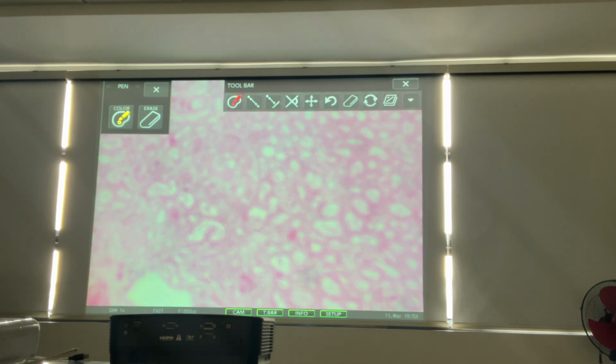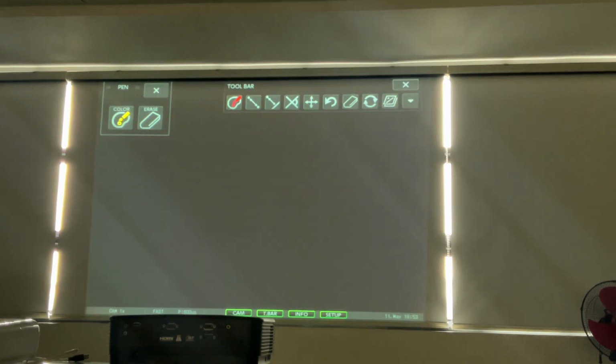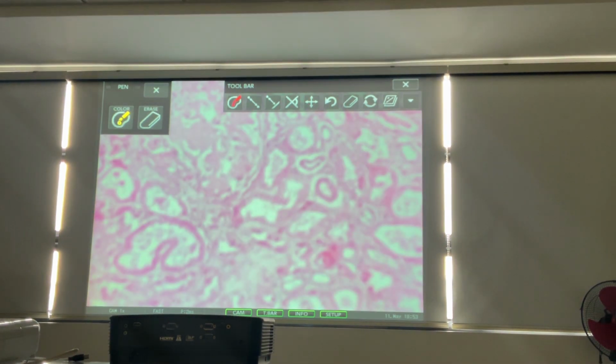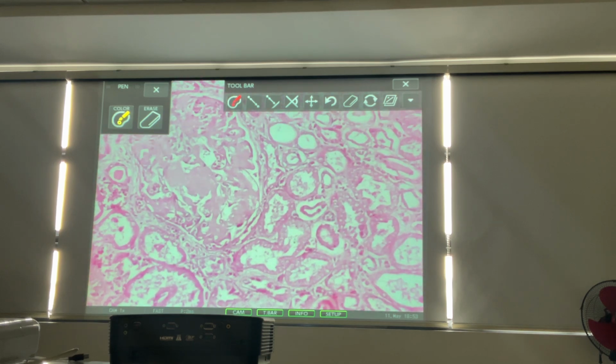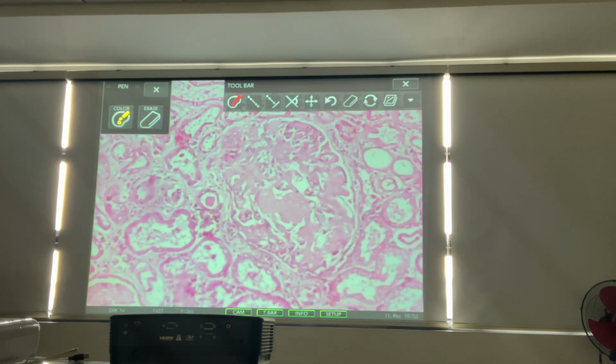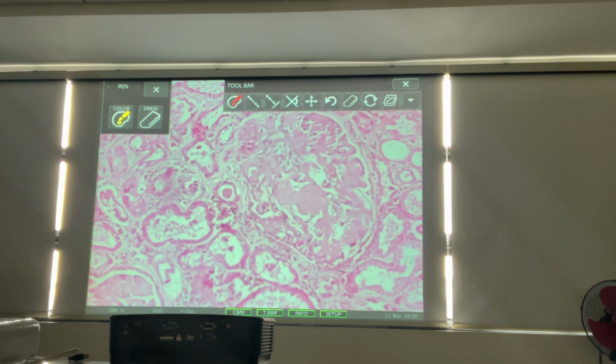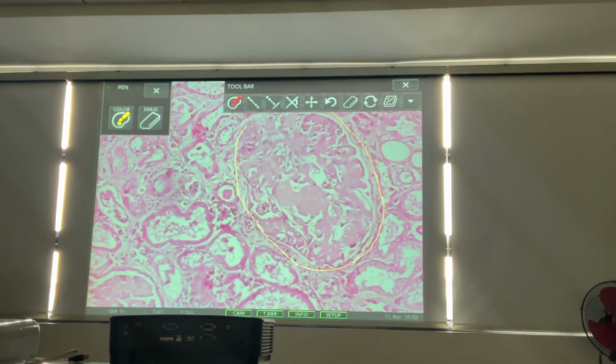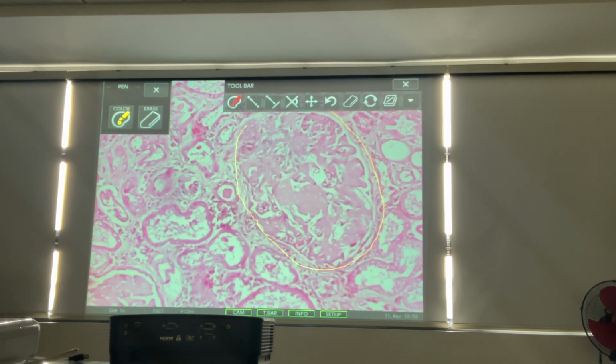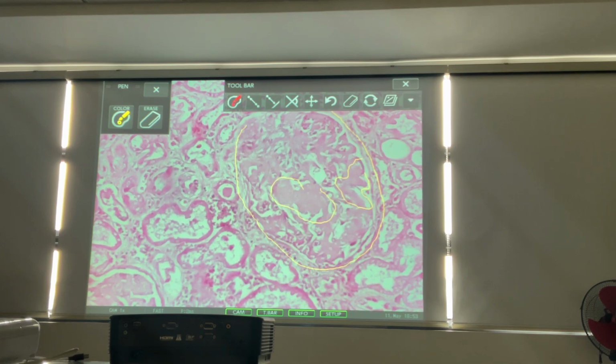So what happens is the amyloid material, which is a pink homogeneous material that is often smooth, gets deposited in the glomeruli. This one is close to your diabetic nephropathy because of the narrowed or obliterated Bowman space. But what can readily differentiate this from your diabetic nephropathy is the smooth, glassy appearance of the amyloid bodies that are deposited. This one is also global and diffuse.